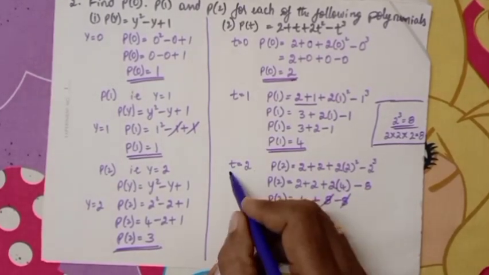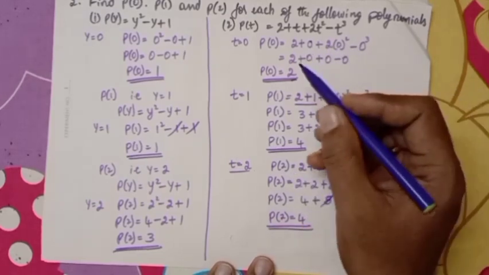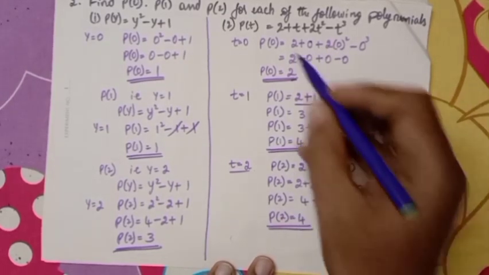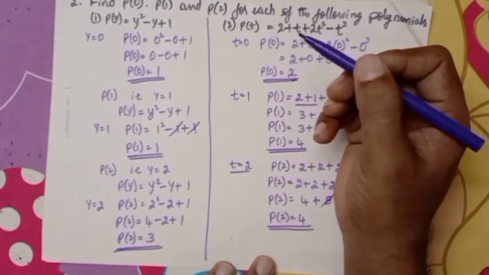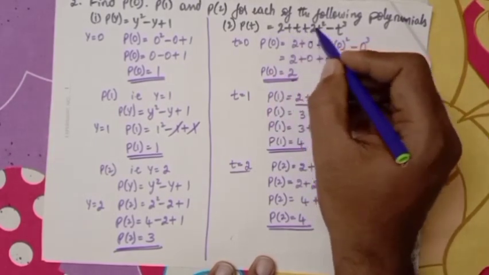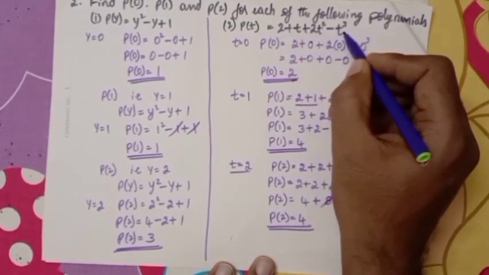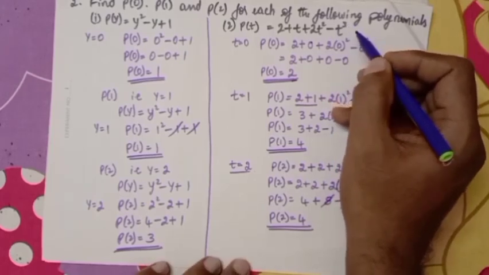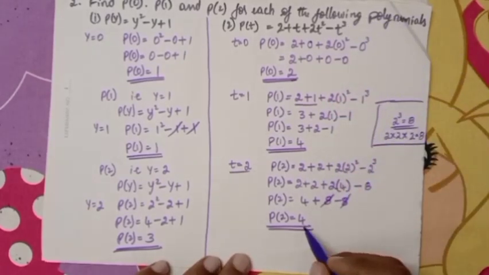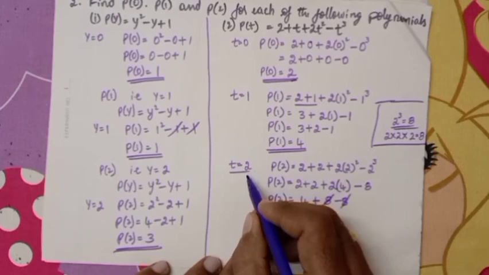In the third case, we can write the value of the polynomial p of t is equal to 2 plus t plus 2t square minus t cube is 4 at t is equal to 2.